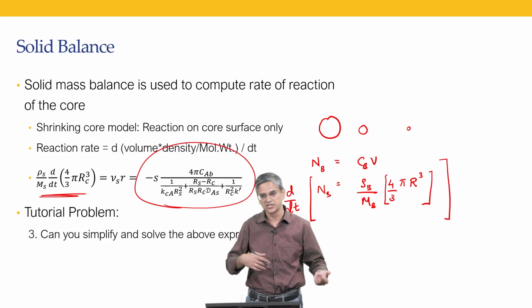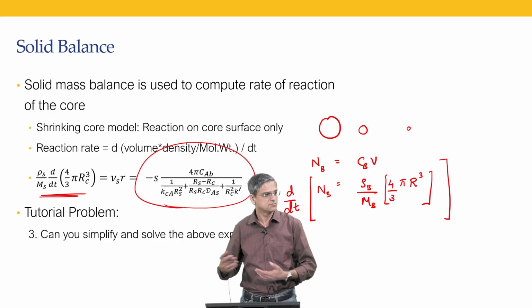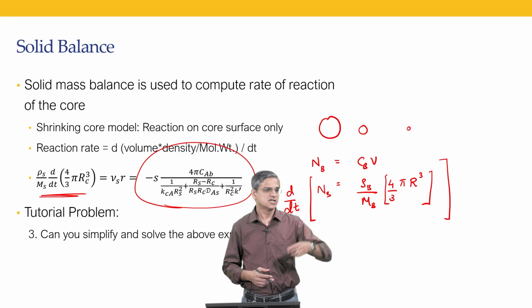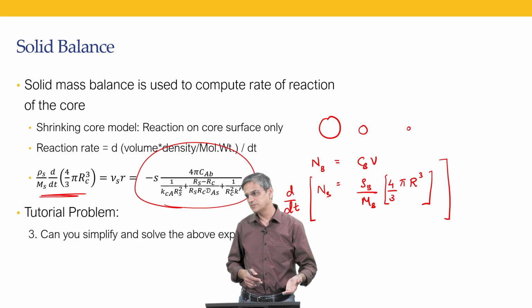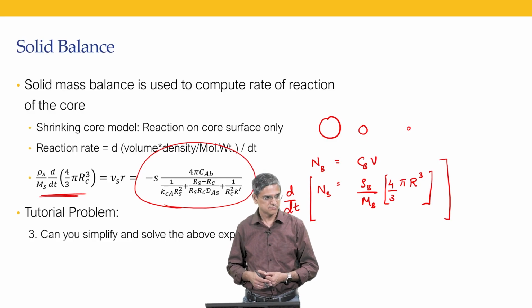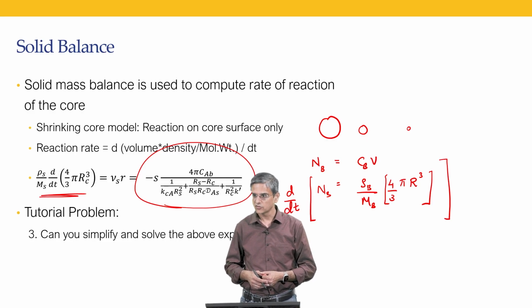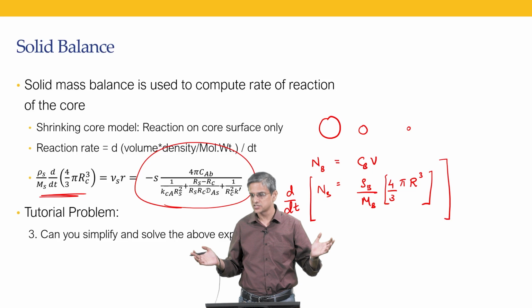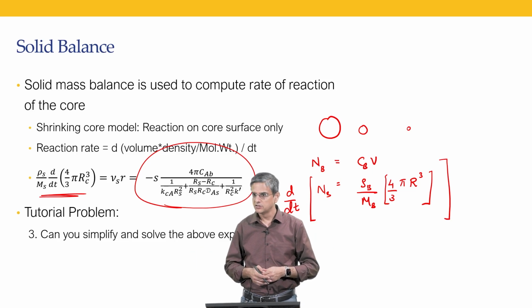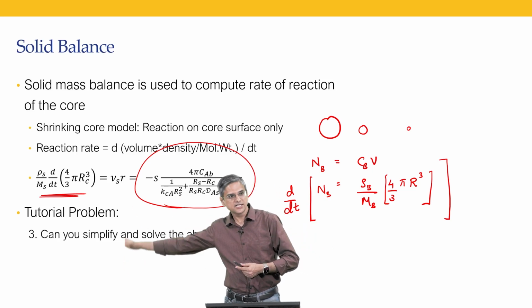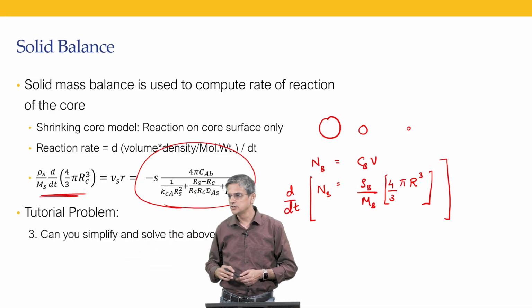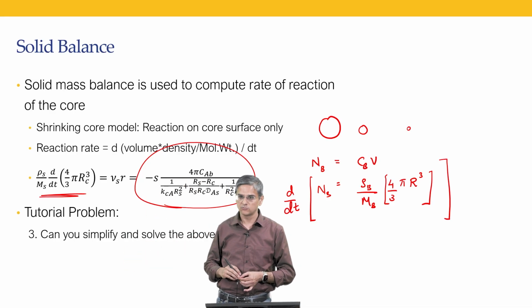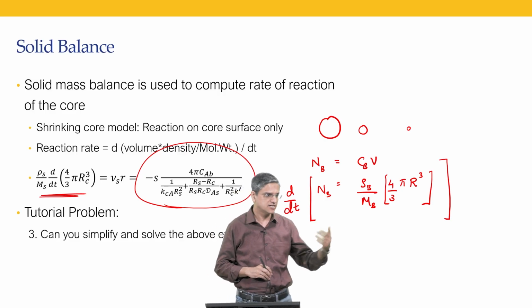If it is first order in A, first order in B, K multiplied by Ca multiplied by Cb. Okay, whatever the case might be. If it is external mass transfer limited, it is Kg multiplied by Cab minus Cas. Okay. So, those were all of the cases that we considered. The right hand side differed based on whether it is a dissolution or diffusion or what is the limiting thing. Left hand side remained the same.